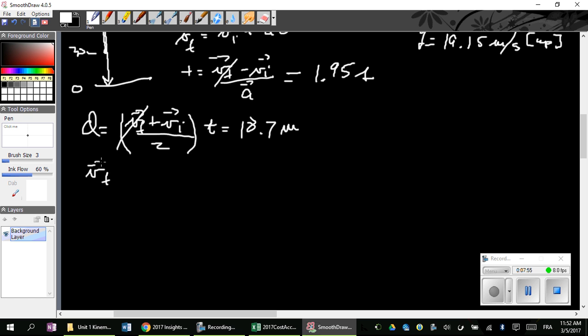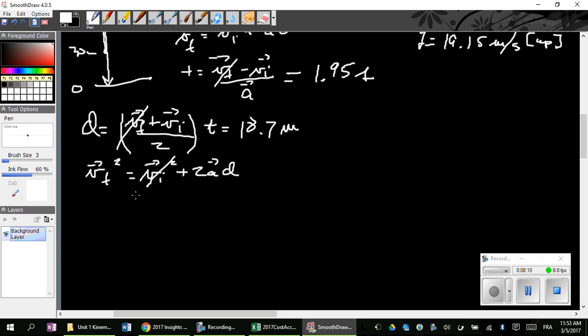So V final square equals V initial square plus 2a. V initial is 0. That's nice.